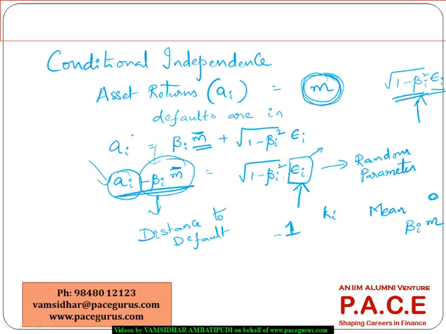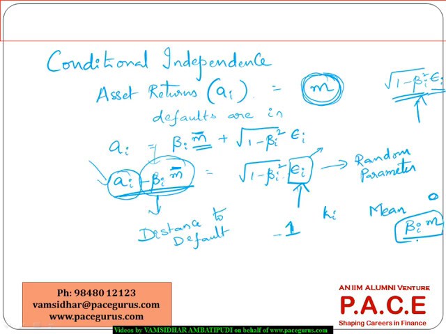Earlier, anything that is negative was treated as default itself. But now I am comparing it with a benchmark which is beta I times m. So here the mean is being considered as beta I times m, and anything below that is treated as default.